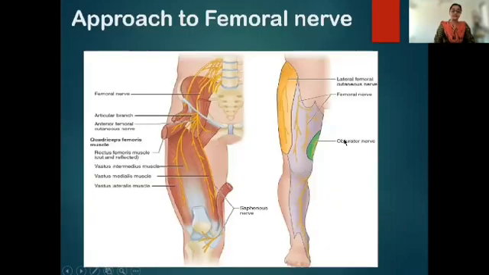Now, fascia iliaca, what are the approaches to the femoral nerve? If you see the course of the femoral nerve, you can approach it superior to the inguinal ligament, that is the supra-inguinal approach, or inferior to the inguinal ligament, that is the infra-inguinal approach to the fascia iliaca compartment block.